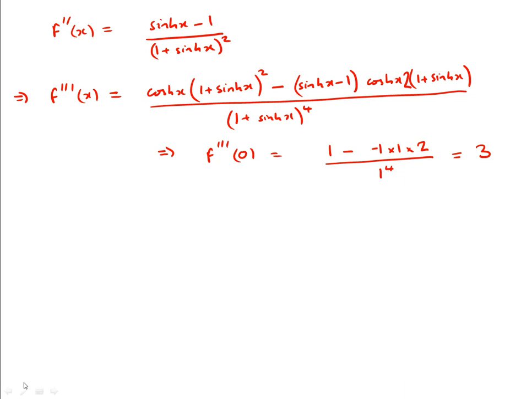Take away sine x, take away 1. Sine of nothing is nothing, so that's 0 minus 1 is minus 1. So I've got minus 1 times by cos 0, 1 times by 2 lots of 1 plus sine 0, which is 2 lots of 1, which is just 2. Tidy all of that up, I see that the third derivative of f at 0 is 3.